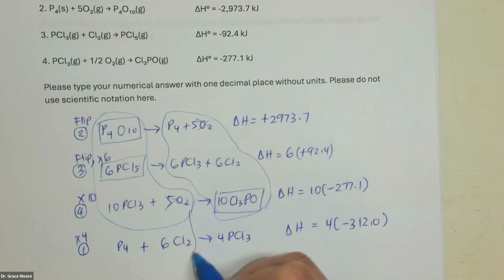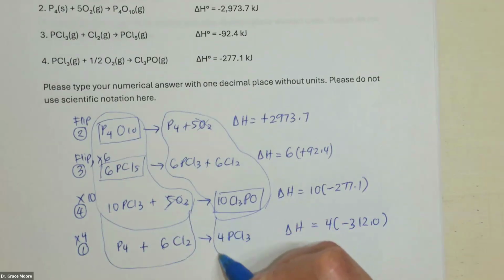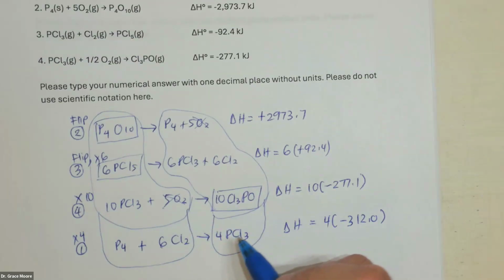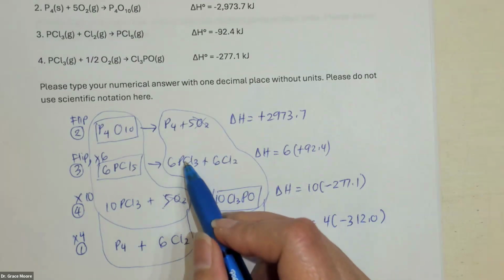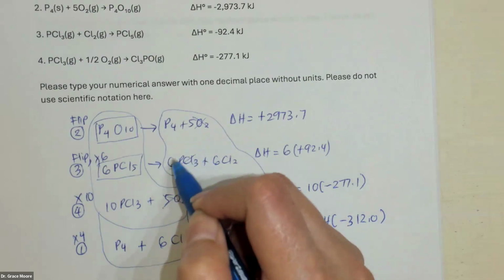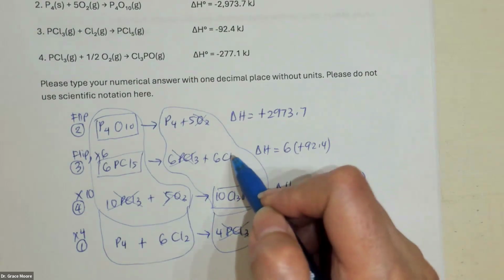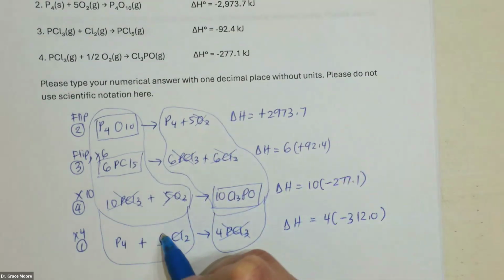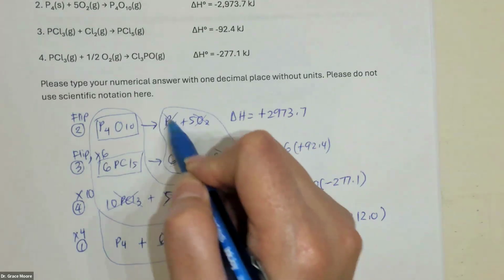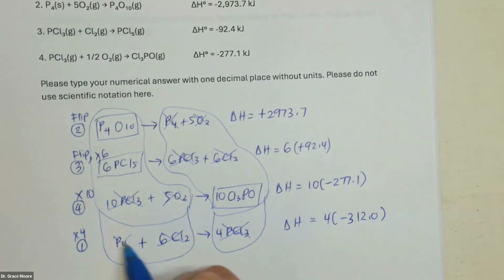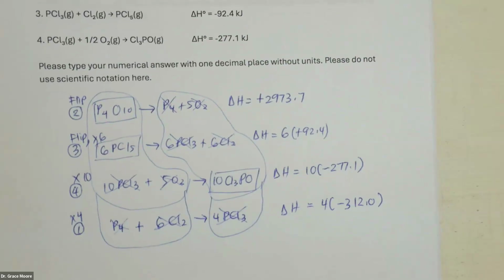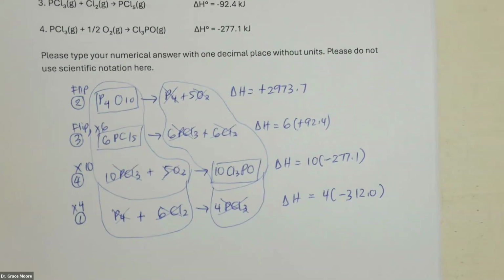So then you revisit your groups again and see, does it cancel off this time? Then you see, oh look, there's 4 and 6, that adds up to 10, and I can cross off my 10 PCl3. And then you see here, there's a 6 Cl2 and a 6 Cl2 that cancels off, and the P4 cancels with the P4. So if you take one easy one and match that, it should all fall into place.